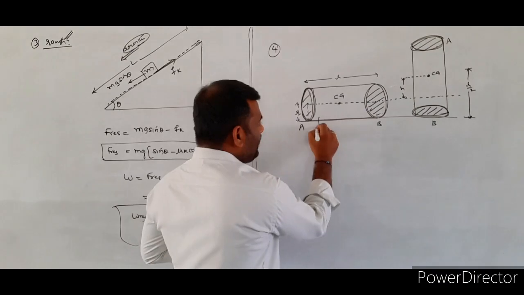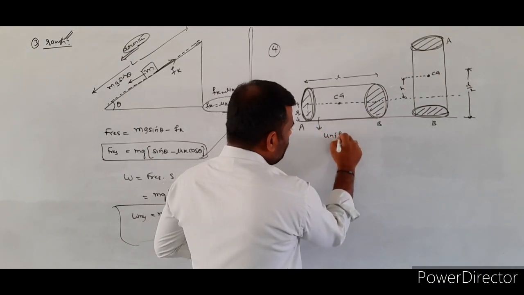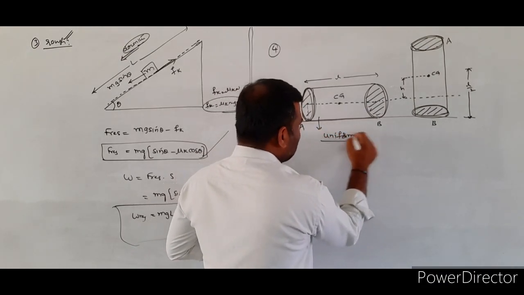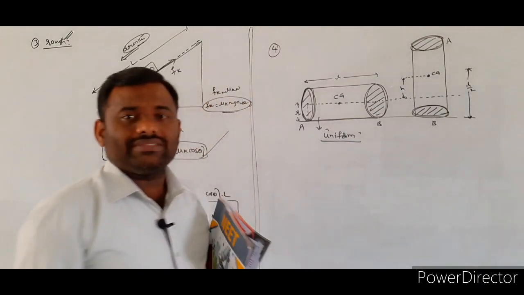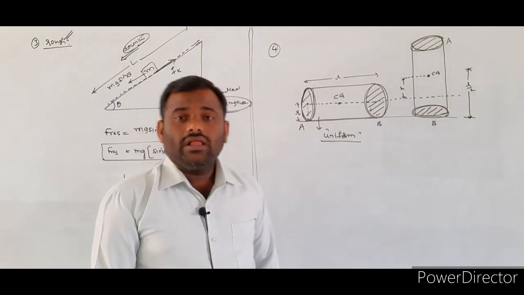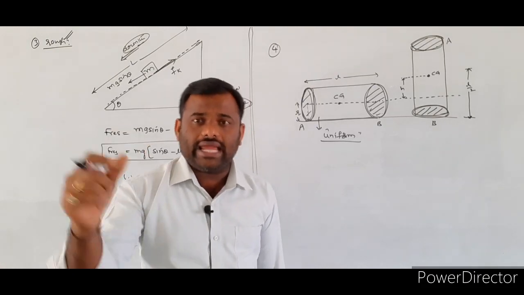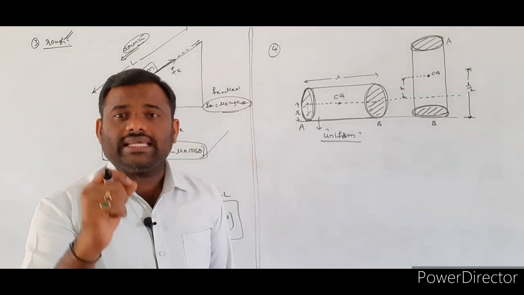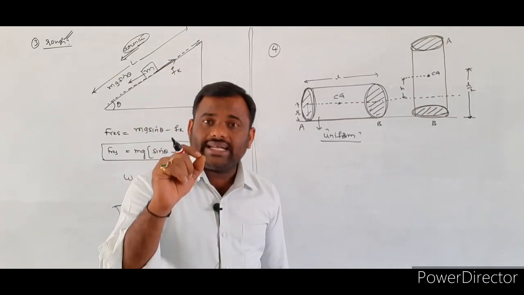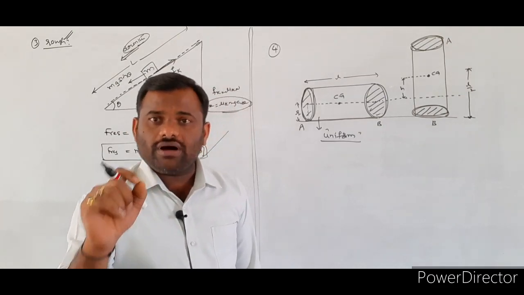They mentioned it is a uniform cylinder. In the last class I told you, whenever you take either a uniform rod, uniform rope or uniform thread, which physical quantity do we have to consider? The center of gravity of the given uniform object.